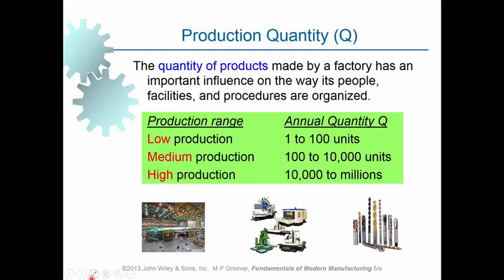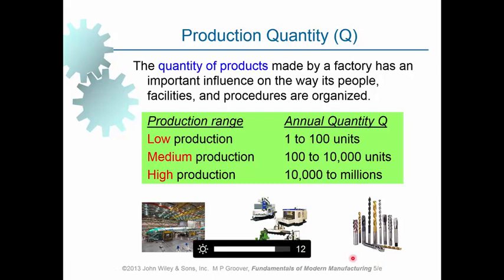Well, let's talk about production quantity. The quantity of products will have an impact on the technology that is used in a typical manufacturing organization or plant. Well, in this slide here we can see different types of products that are shown at the bottom of the slide.